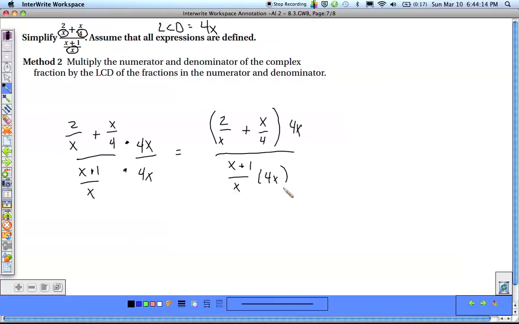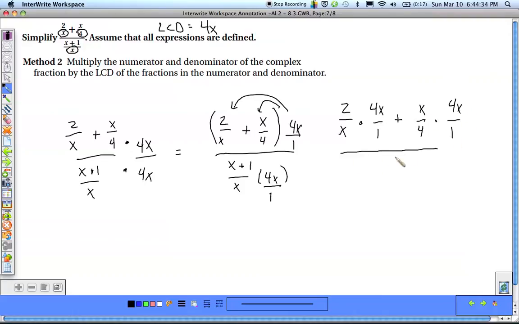Multiplying by 4x is basically like saying 4x over 1, so we distribute this through: 2 divided by x multiplied by 4x over 1, plus x over 4 times 4x over 1. And then in our denominator, we have x plus 1 over x times 4x over 1.